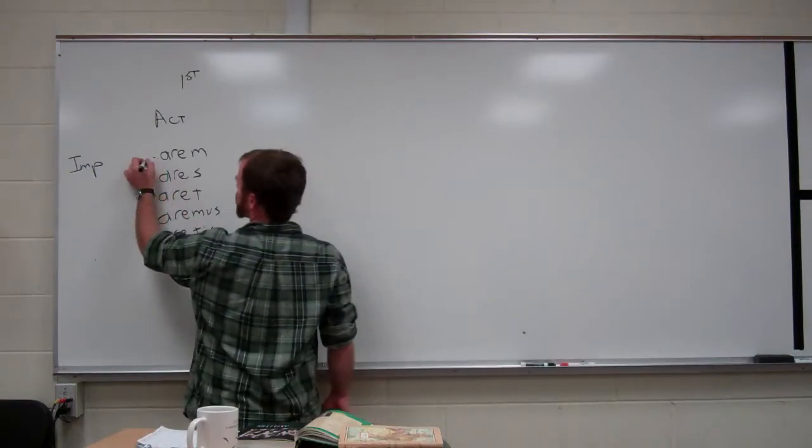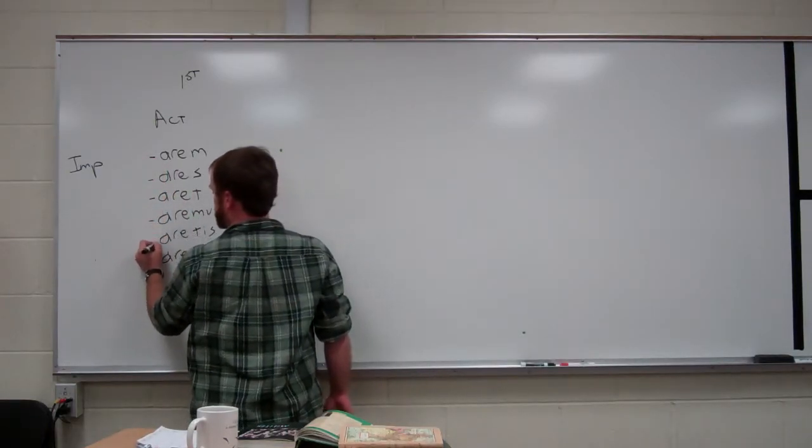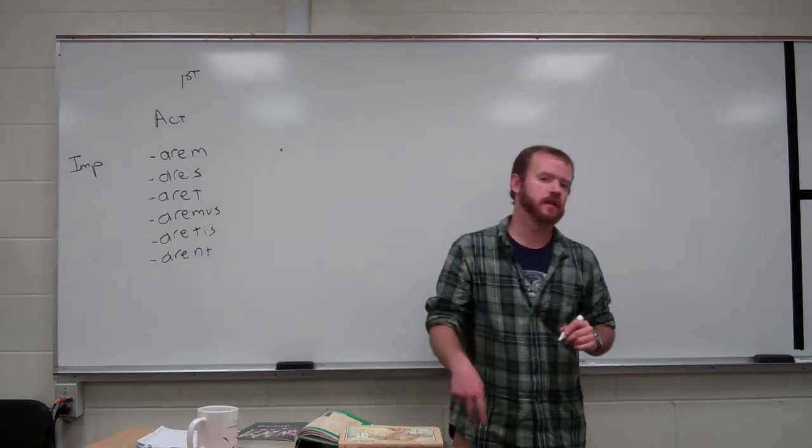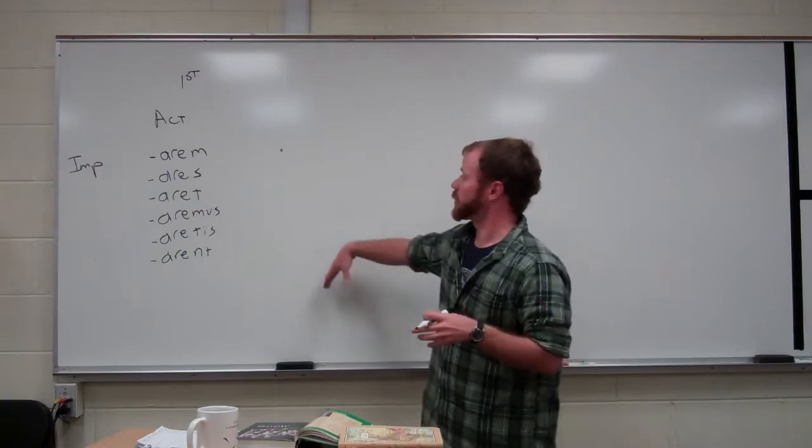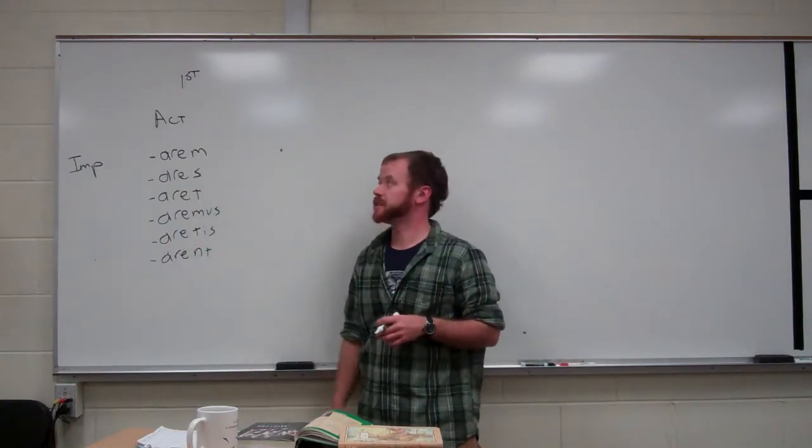All right, those are what the endings are going to look like, because we've taken the second principal part. So, amo, amare, amavi, amatus. So we're taking amare, and we're adding M, S, T, MUS, TIS, NT.